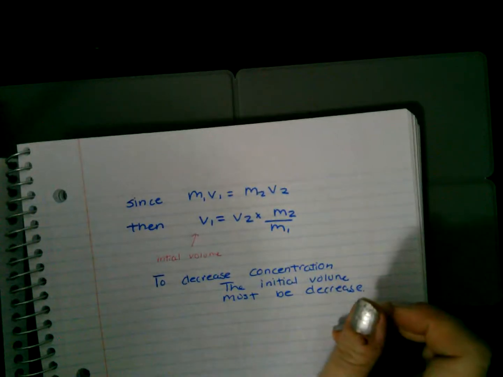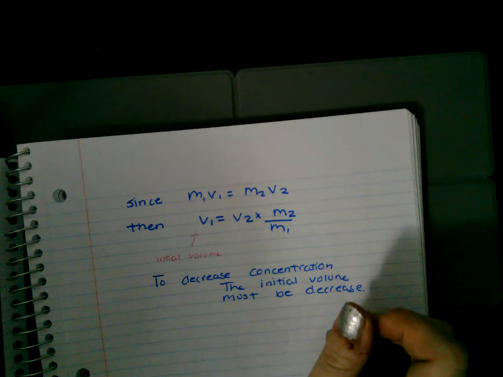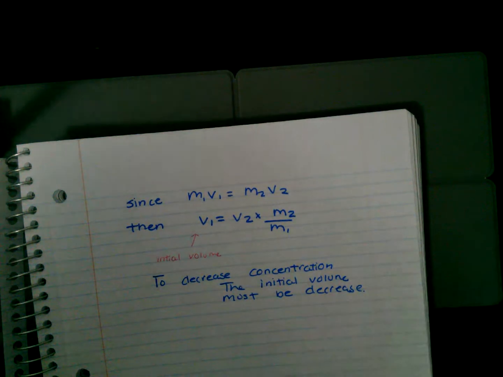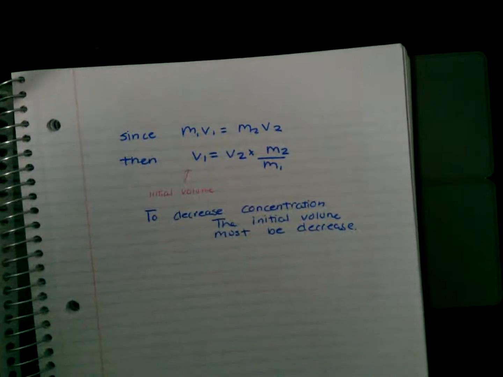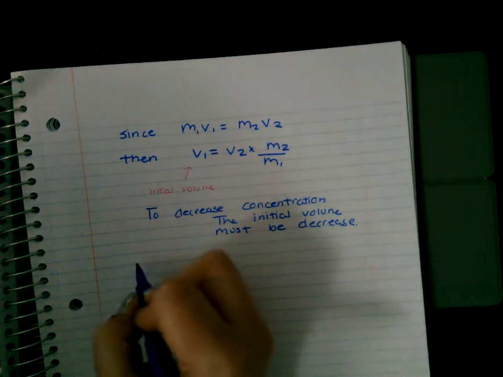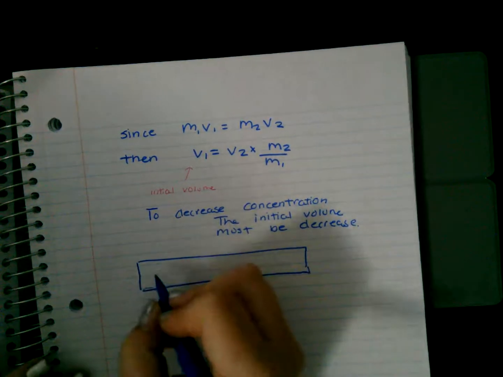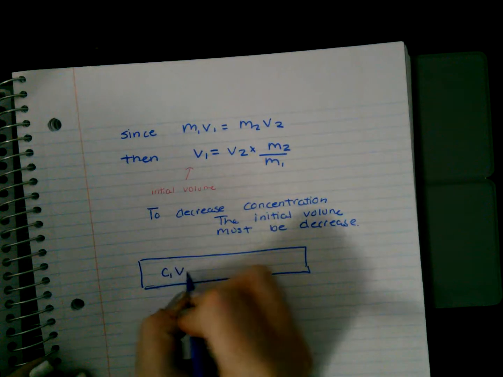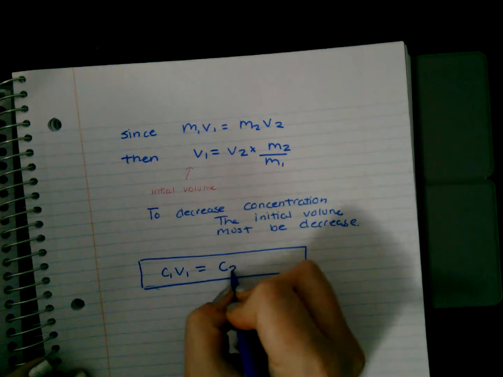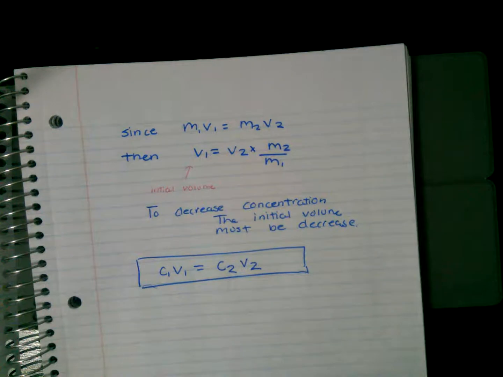Although the preceding equations and following examples deal with concentration units of molarity, it is worth noting that the dilution equation can be generalized to other concentration units present in this section. So this can be applied to other things. So this can be concentration 1 of volume 1 also equals a concentration 2 of volume 2. So that's the last equation that we're going to do before we do some examples.